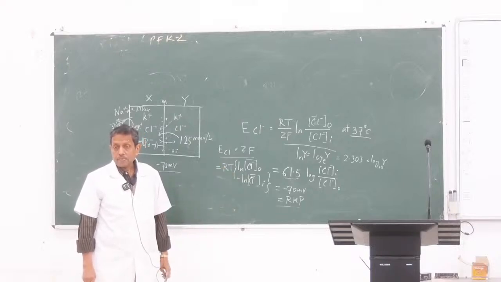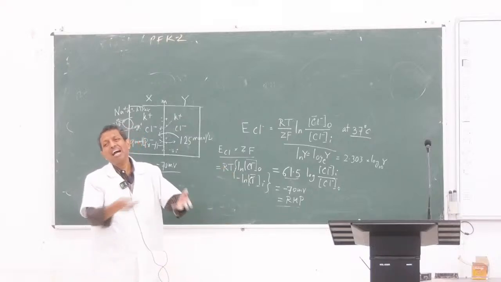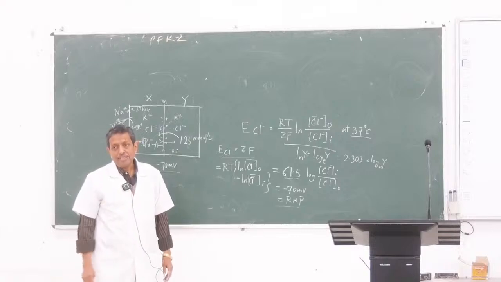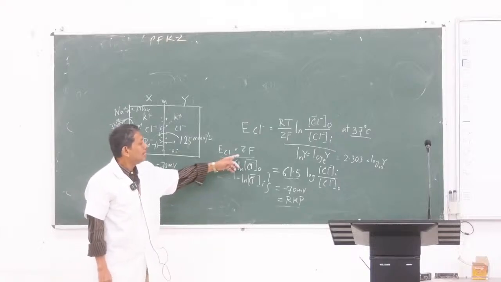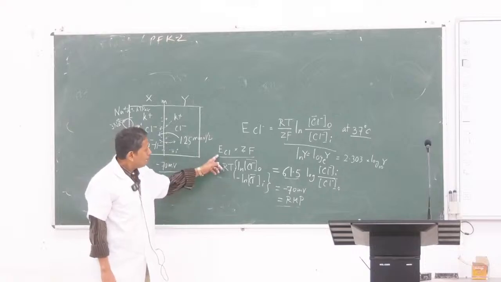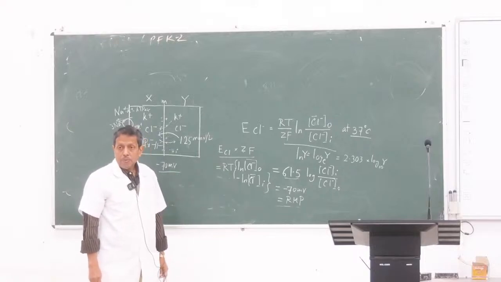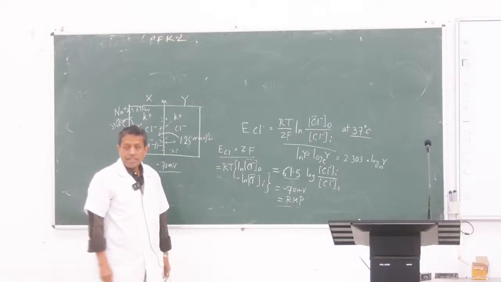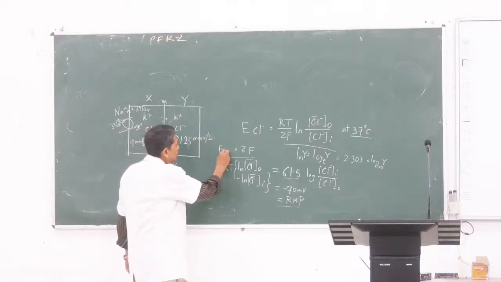Not only for the chloride ion, this formula applies to any ion. RTZF multiplied by this potential difference, that is the inside minus outside.